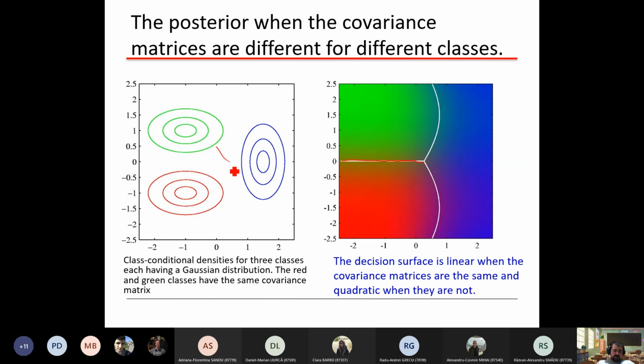You see that the green and the red classes have the same covariance matrix, but the blue data set has a different covariance matrix, and therefore the decision surface becomes quadratic and is much more difficult to identify.